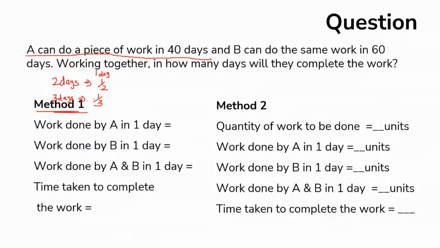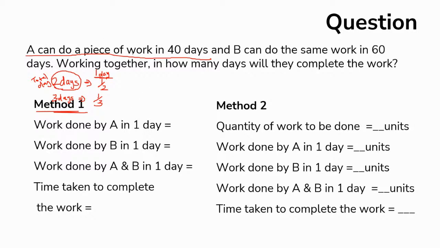So in such cases, we can say that the total number of days and 1 day work are inversely proportional. If the total is 2 days, the 1 day work is 1/2. If the total is 3 days, the 1 day work is 1/3.